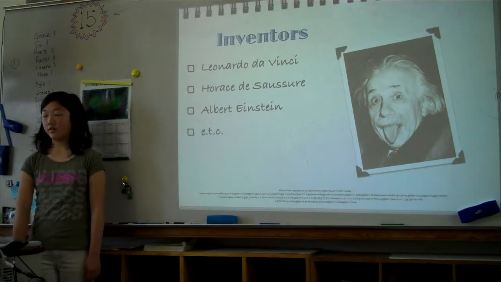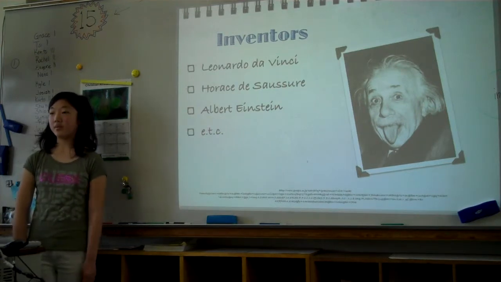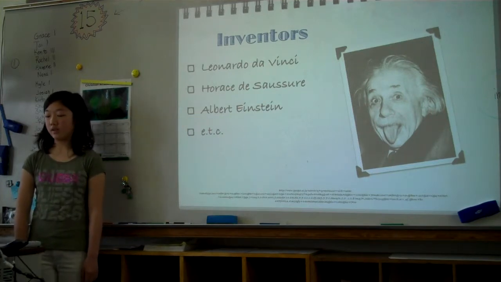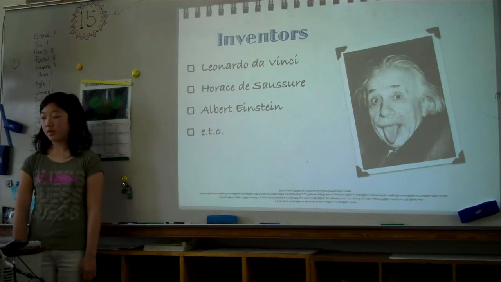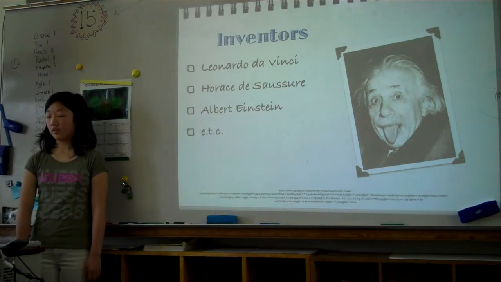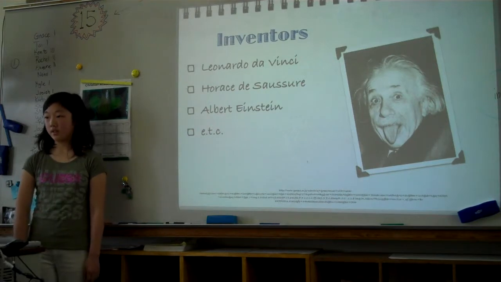Another really famous scientist, Albert Einstein, spoke to people and scientists that solar energy is needed right now and is really useful and helpful to people. And there are many more inventors of solar energy, and each inventor is very important to solar energy.